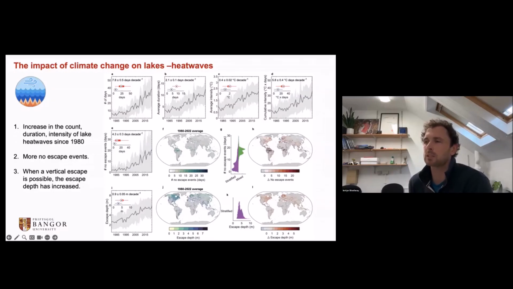So how far do species need to travel vertically in a water column to escape a lake surface heat wave? And what this shows is that the escape depth is increasing over this study period, meaning that species that live at the surface of a lake have to move deeper down further into the water column to escape a thermal stress.